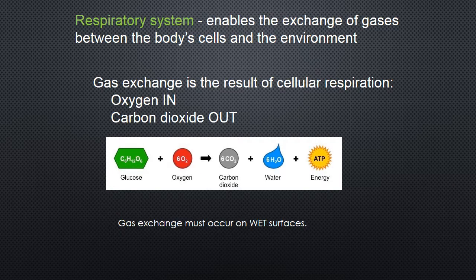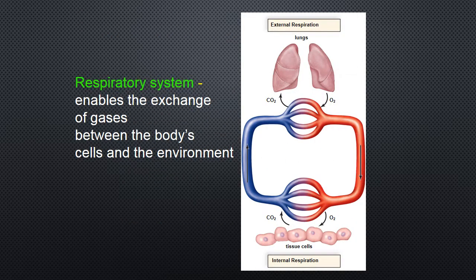So the reason that we even need gas exchange to begin with is because of cellular respiration. So oxygen in and carbon dioxide out. So the respiration system itself is what enables the gas exchange between the body's cells and the environment itself. So if we look over here on this image, we're talking about internal respiration right here at the tissue level, or cell and tissue level.